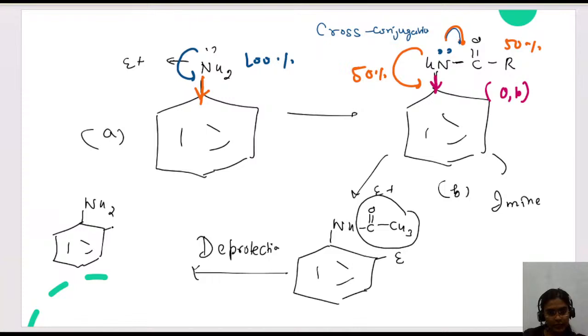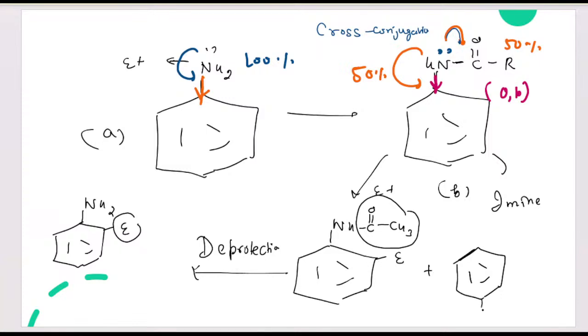And still, with this electrophile, there are two products, one is ortho and one is meta. Sorry, I said meta, I'm sorry. Ortho has to be there. Okay, same.